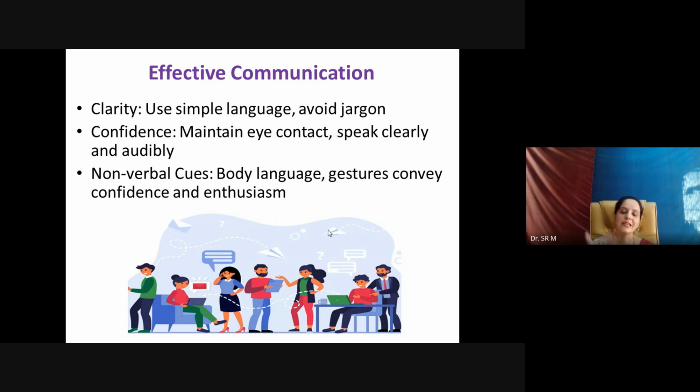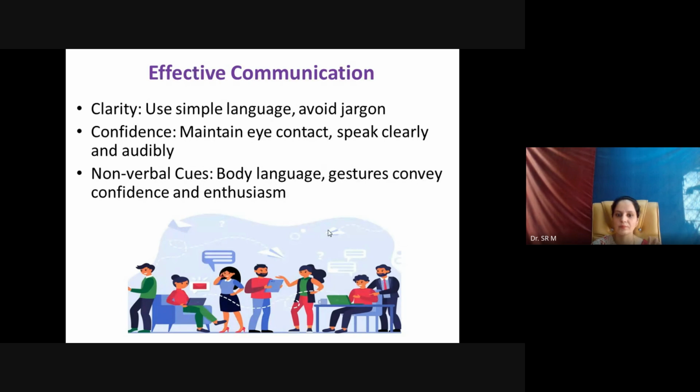And next, try to break down complex concepts into manageable portions, small modules, small units. Okay. Then try to provide examples and analogies, so that the absorption is more. Then try to ensure your communication is accessible to all sorts of learners, regardless of their background, regardless of their prior knowledge.